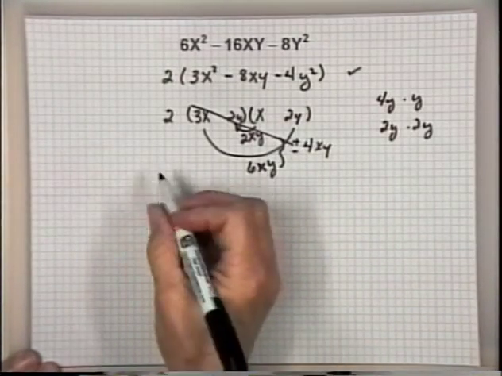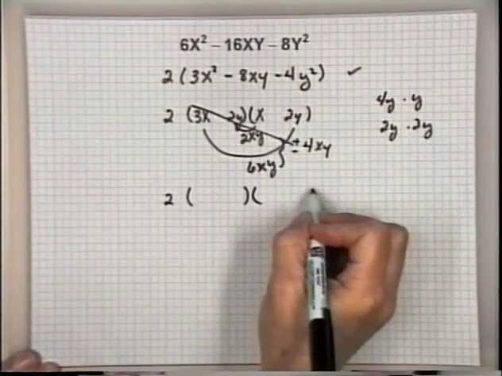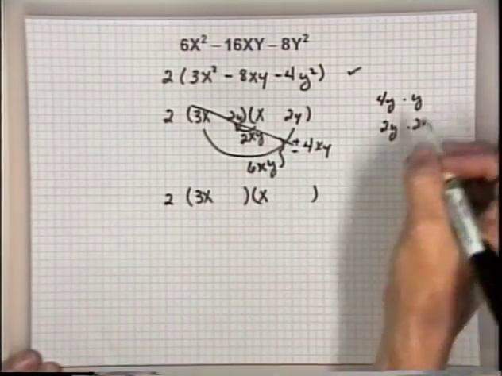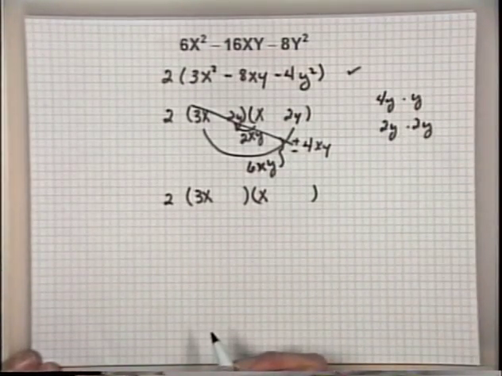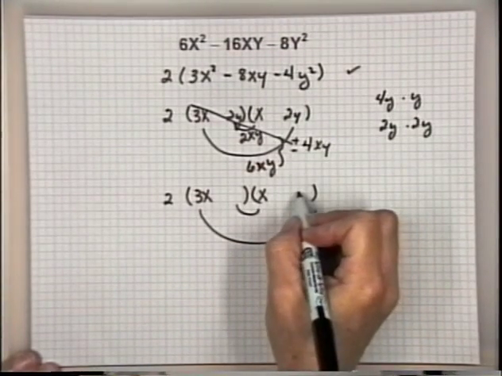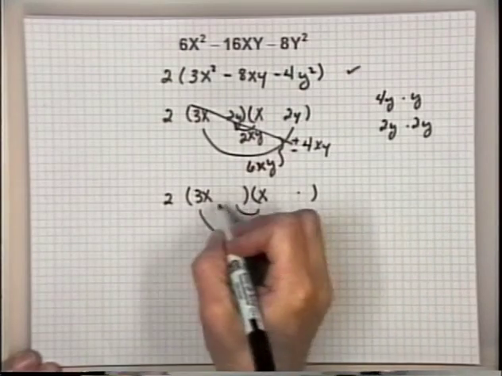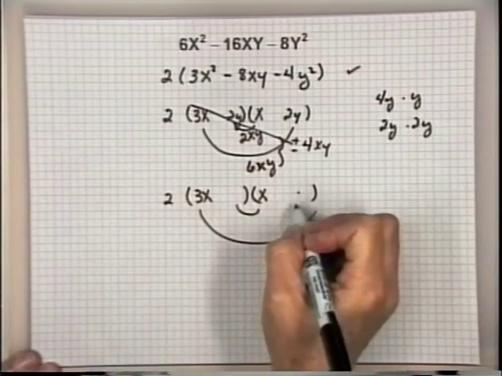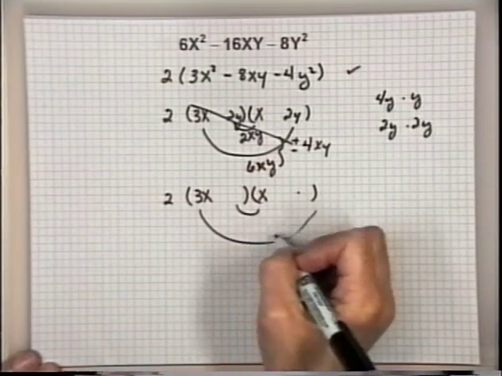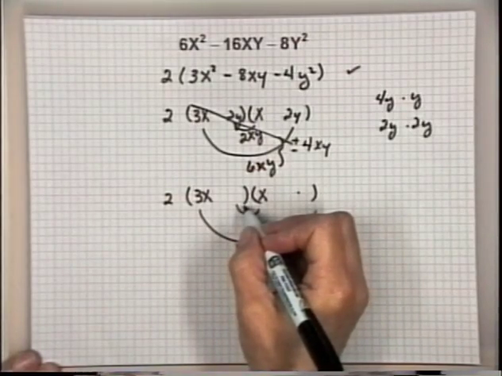Let's try bringing the 2 down. Again, we have to have 3x times 1x. Let's try this other choice of 4 and 1. If I put 4 here and 1 here, my outside product would be a 12. My inside would be 1. The difference between 12 and 1 is 11.